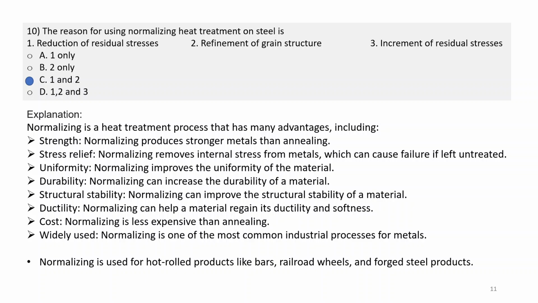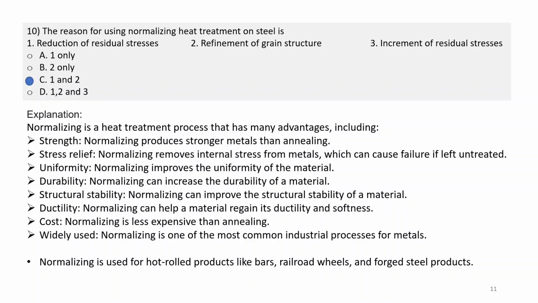Normalizing is also less expensive than annealing because during normalizing you cool your material outside the furnace, so you require less time in the furnace, and you don't require any further heat treatment after this, so that's why it is cheaper compared to full annealing.